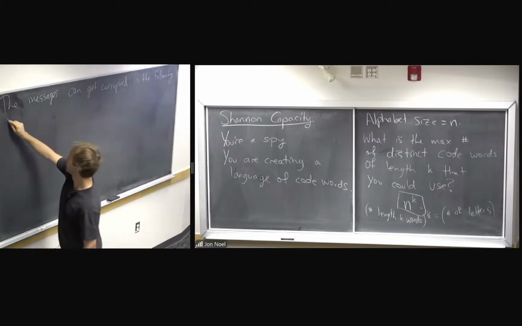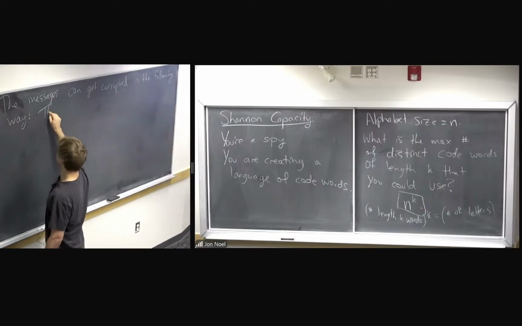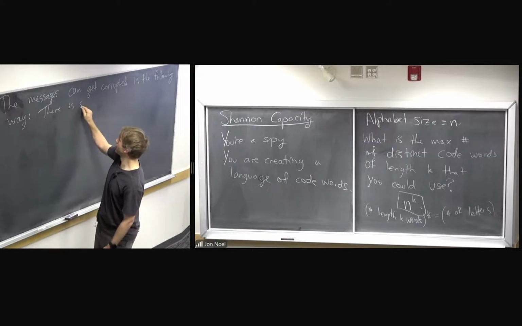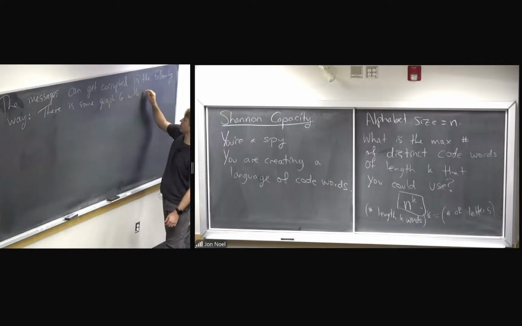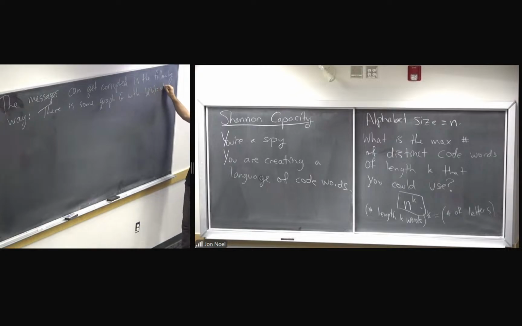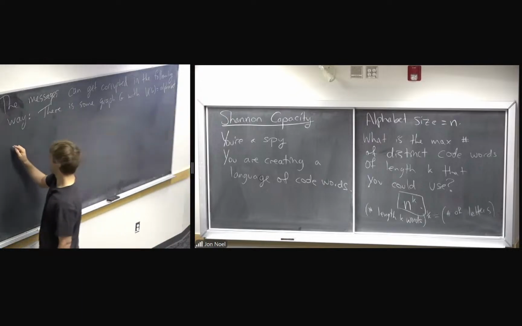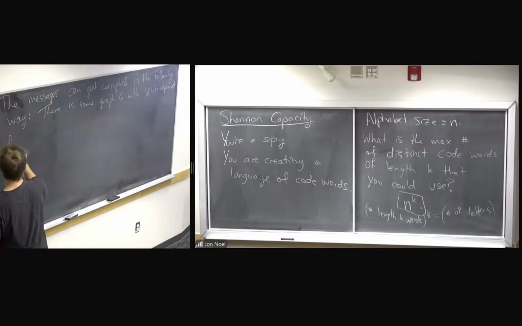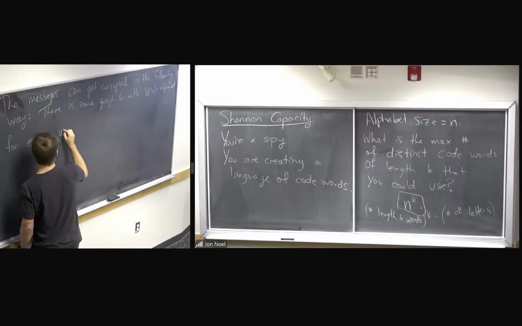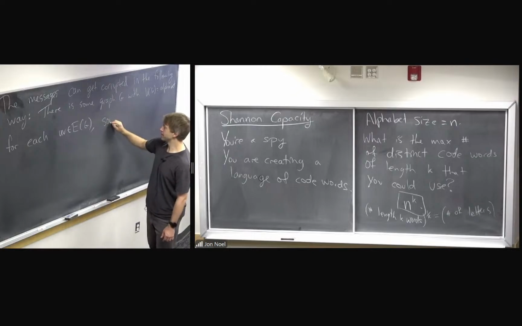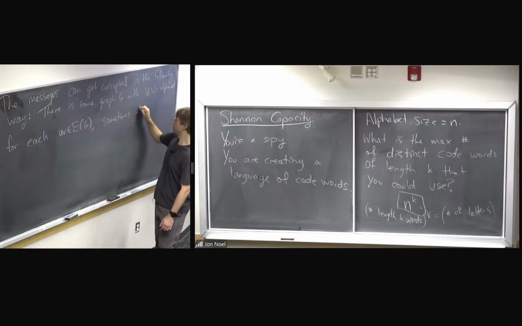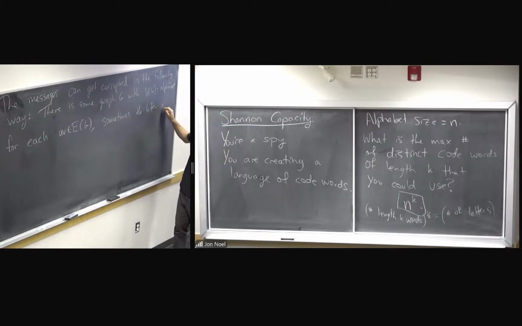There's some graph G with vertex set equal to the alphabet of your language, and for each edge, let's say UV in G, sometimes the letter U gets swapped to V when you send the message.